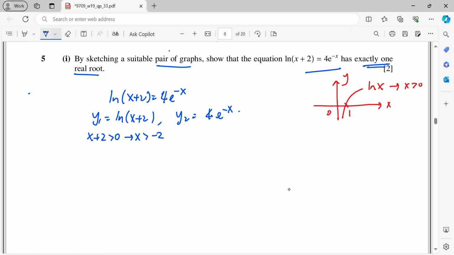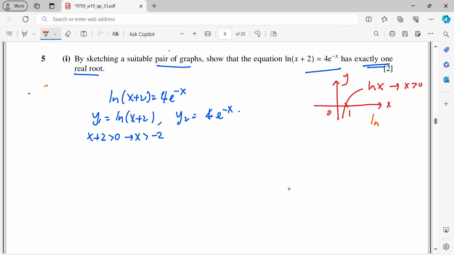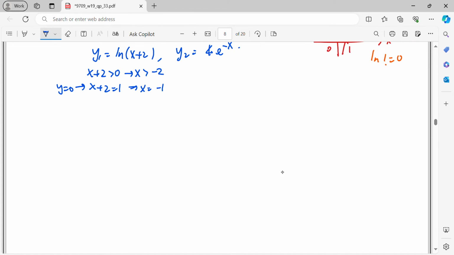Okay, and from here, I notice one more thing: ln 1 equals 0. So if x plus 2 is 1, my whole value will be 0. So another thing is you can say when y equals 0, x plus 2 equals 1. That means x equals minus 1. So I get 2 points, right? Which means I'm getting this graph now.